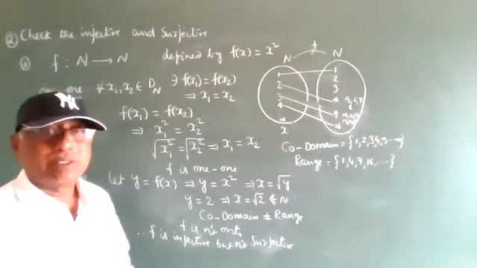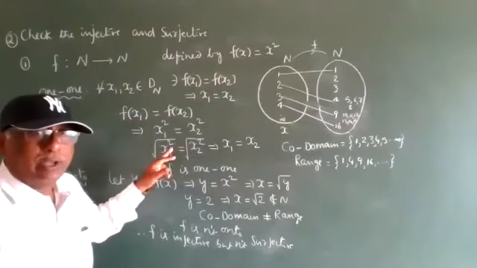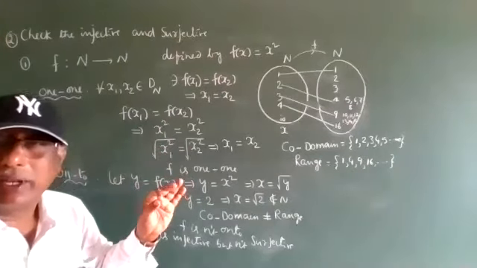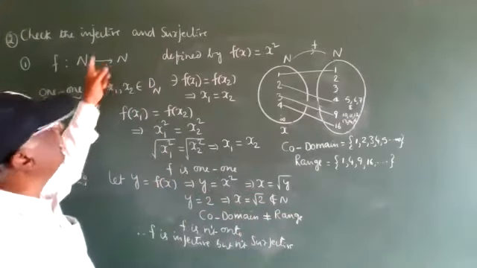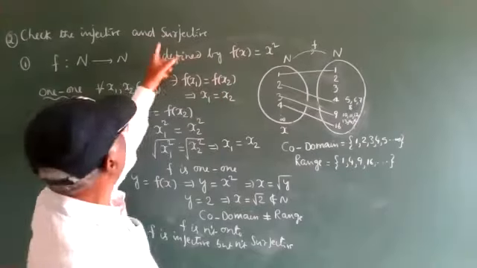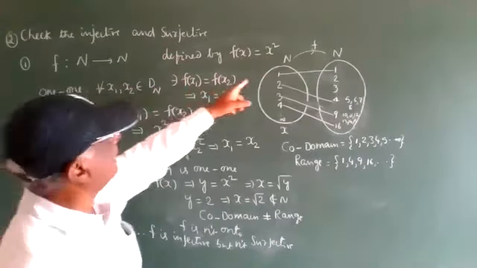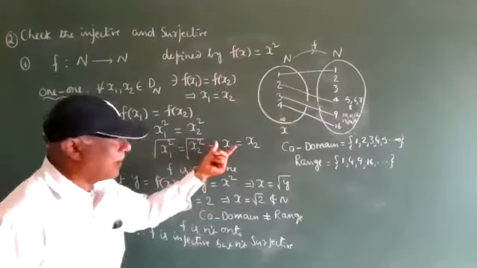Anyone have doubts? Once again, see, when I apply the square root, we get only positive values, because the given set is the natural numbers, and natural numbers are positive values only. Therefore its root is a positive value.